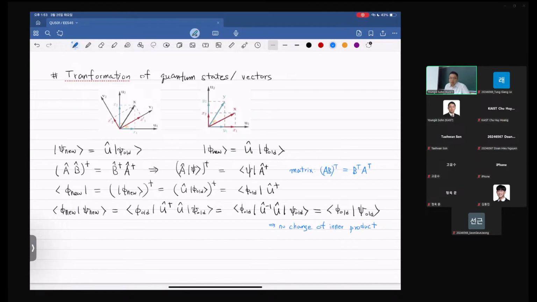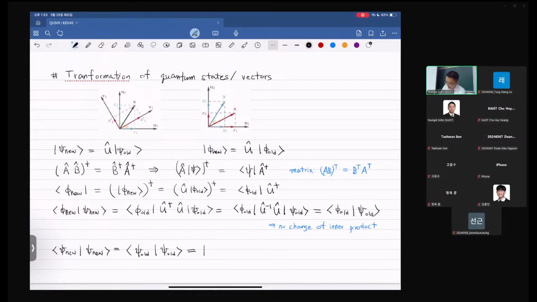If you extend it to phi new being the same as psi new, you can calculate. It doesn't matter new basis or old basis, as long as your basis rotation is unitary, the inner product doesn't change.